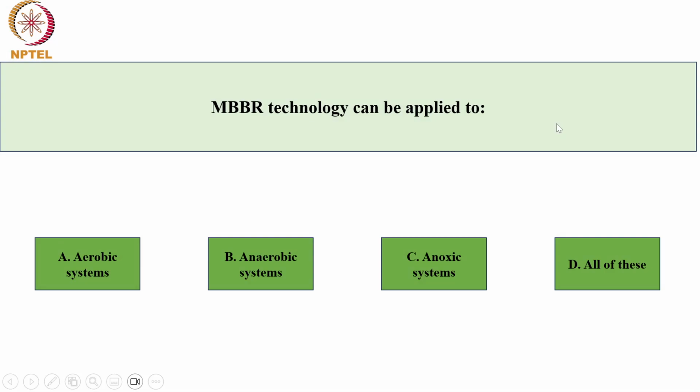So the first question is, MBBR technology, that is moving bed bioreactor technology, can be applied to option A aerobic systems, option B anaerobic systems, option C anoxic systems. Clearly not audible. Oh, okay, sorry.